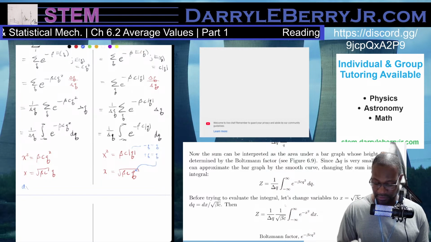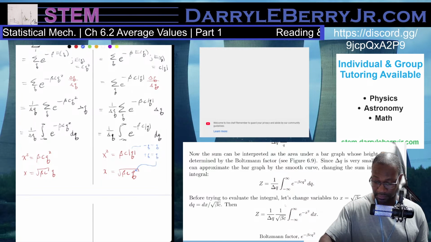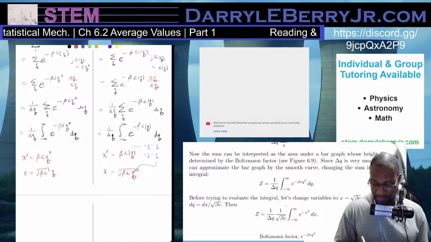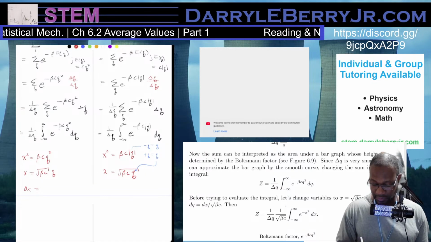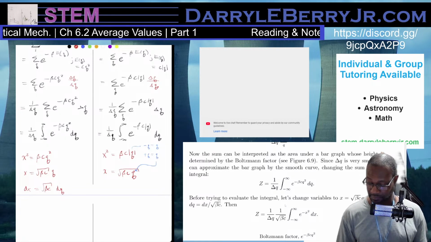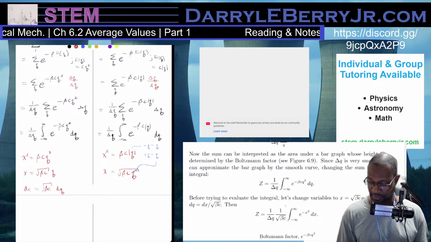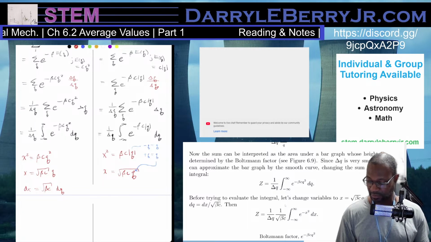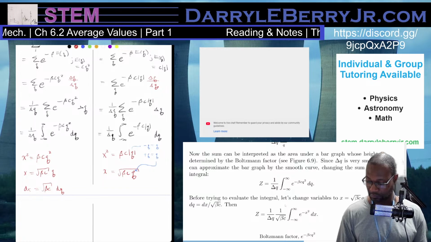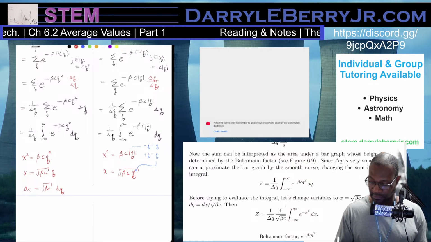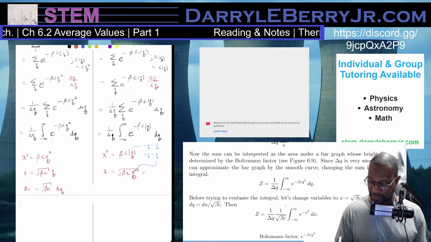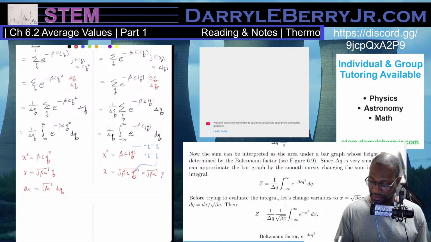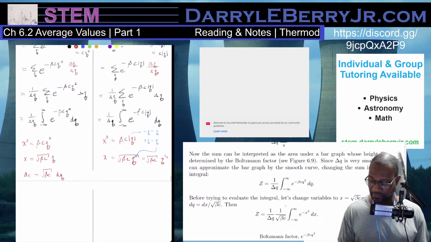So dx equals square root of bc dq. Oh crap. And this does complicate this on the other side. So this equals square root of bc and q to the 1/2.